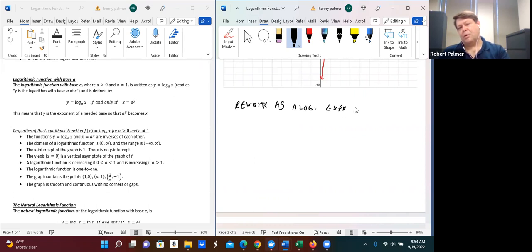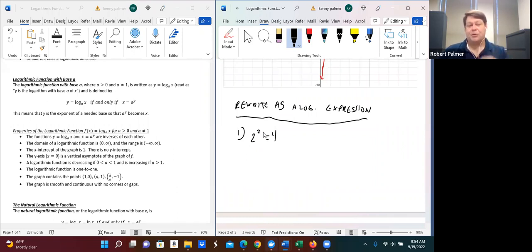What I mean by that is we're going to start with an exponential expression and rewrite it as a logarithmic expression. So let's start with something basic. How about 2 squared equals 4? That's an exponential expression.